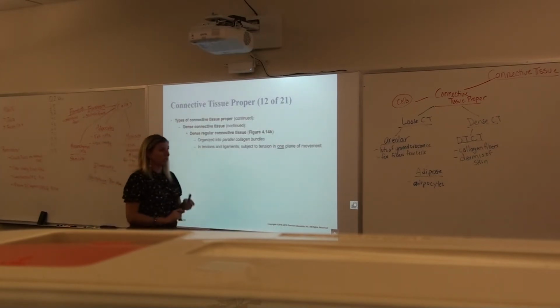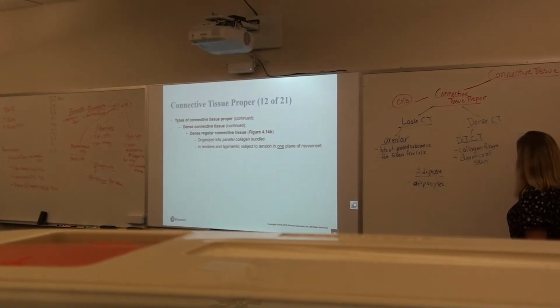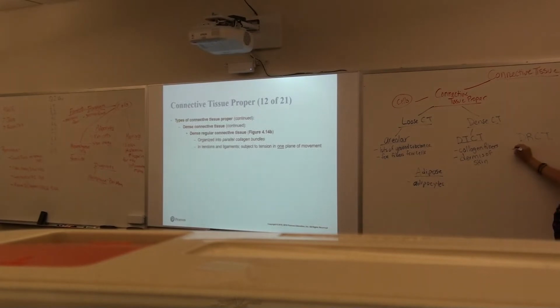Dense regular connective tissue, DRCT. This is, again, primarily dominated by collagen fibers, except here the fibers are arranged together in bands. So it's going to look more like a rope instead of all of this randomness. Or, to go back to my ground beef analogy, it's the ground beef in the packaging. All those little wavy pieces of meat are going in the same direction.